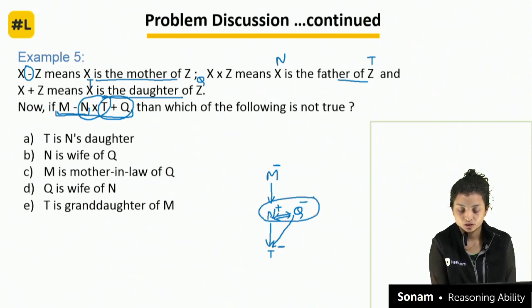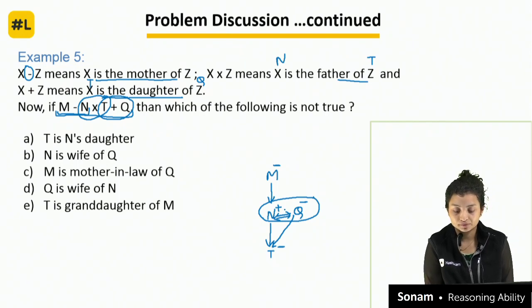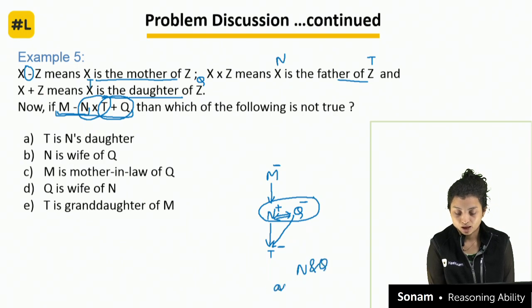Because they have mentioned that N is father of T. So obviously Q will be mother of T. And N and Q are husband and wife. Okay. N is male and Q is female.